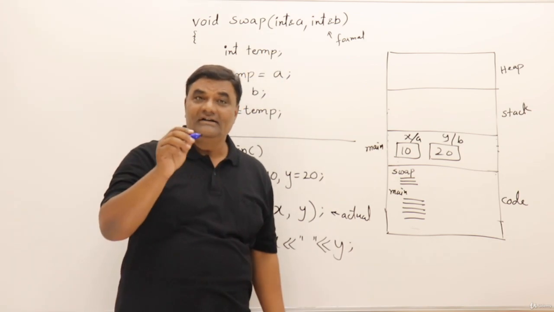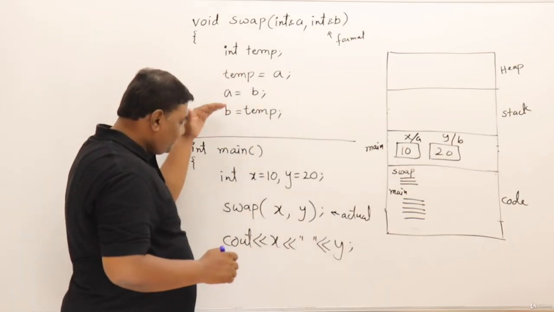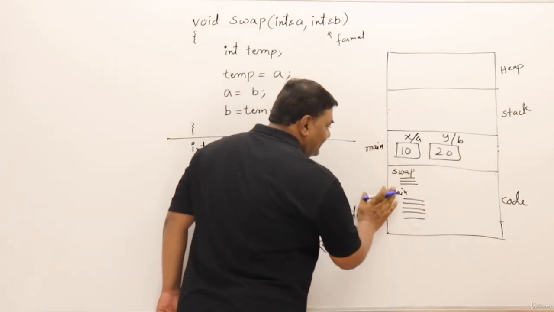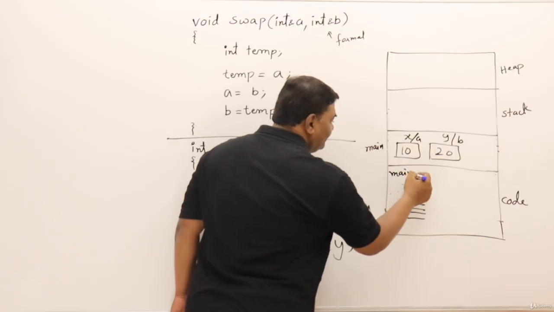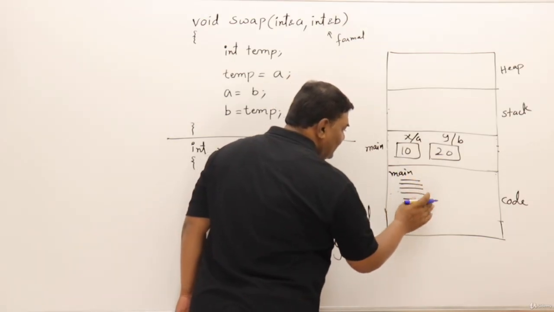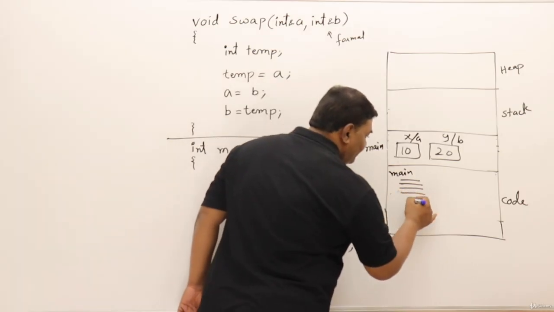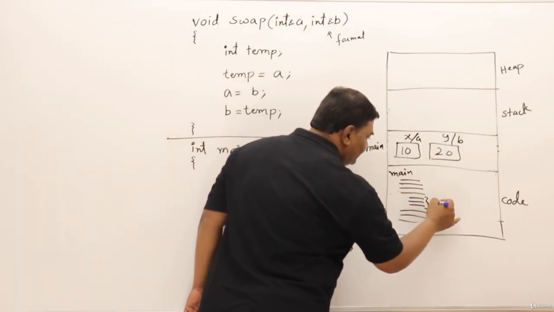When you use the call by reference mechanism, watch carefully what happens. The machine code looks like this. The main function has its code, and in the place where the swap function is called, the machine code of the swap function will be copied.